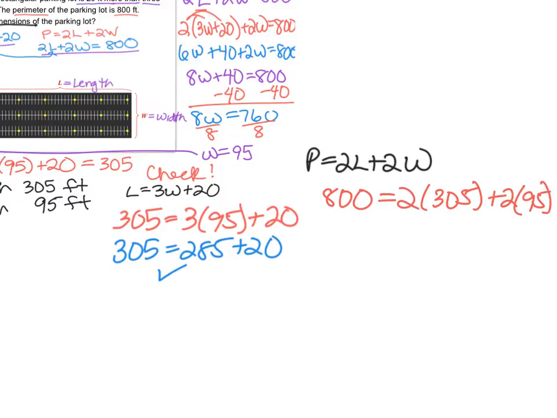We're going to multiply those together, 2 times 305 to get 610, and 2 times 95 is 190, and then 610 plus 190 does equal 800, so it also checks in the other equation.